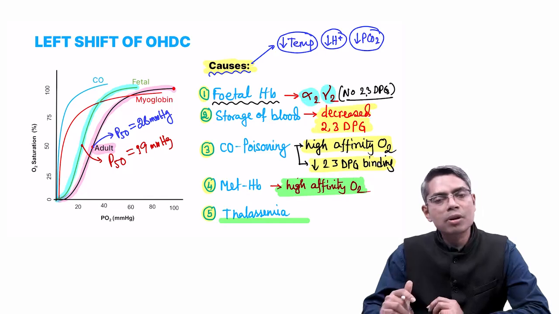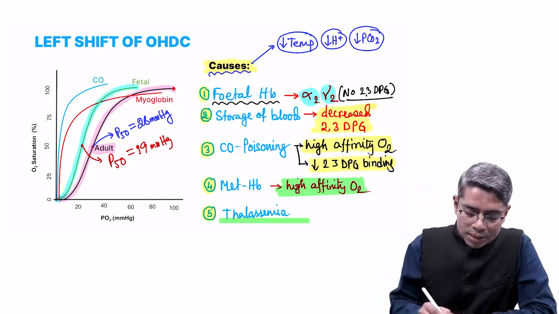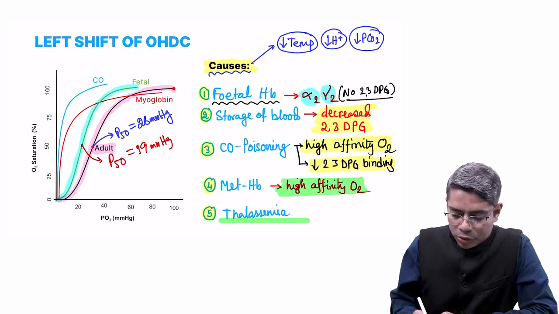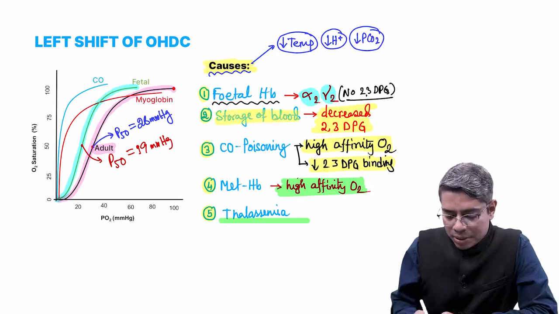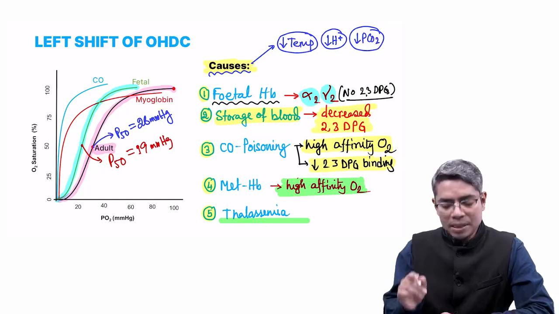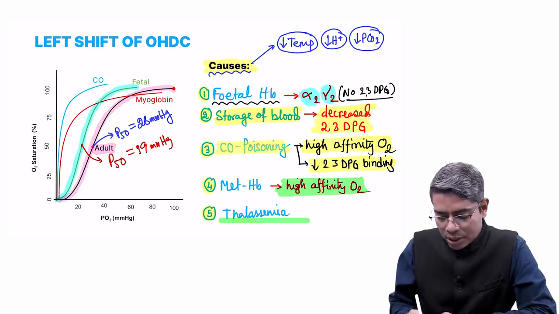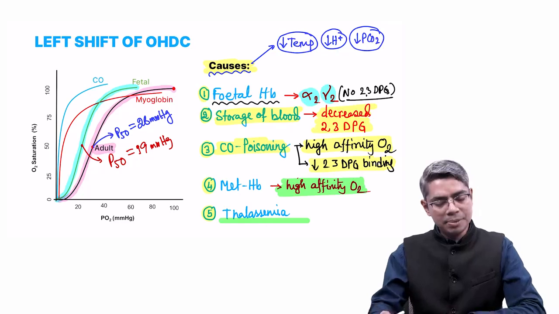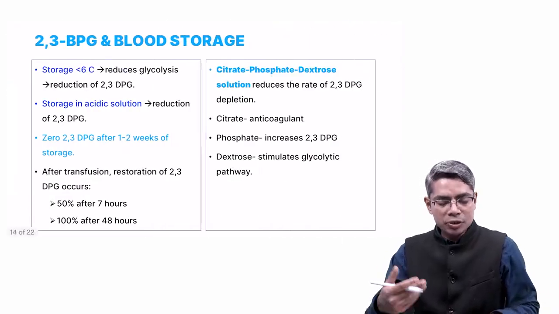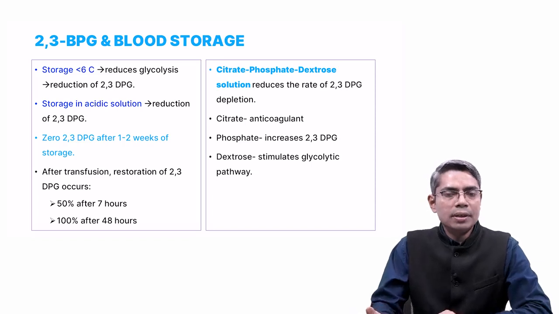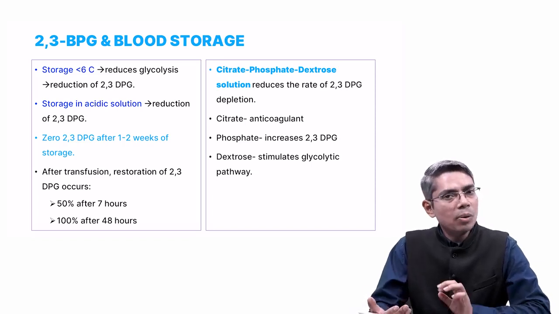Now, among all of these causes, we are going to understand why the storage of blood causes left shifting, because this has been asked multiple times in MCQs, and we are also going to understand carbon monoxide poisoning and left shifting. Whenever you are storing blood, storage of blood generally happens at low temperature.